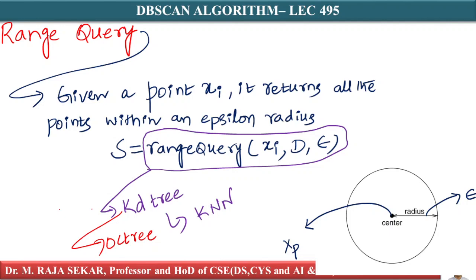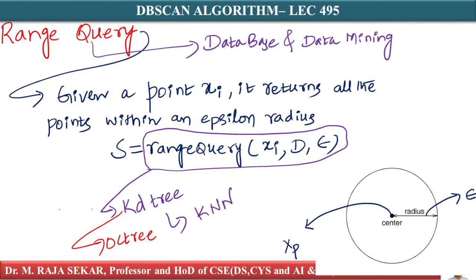Of course, there are other implementations of range queries. DBSCAN was created by folks from databases and data mining, and not by core machine learning engineers. In databases, there are special tools that people have built to make range queries very efficiently on data points like this.